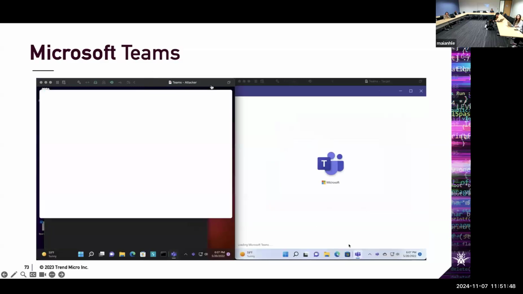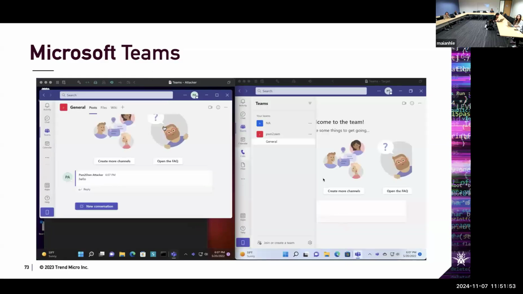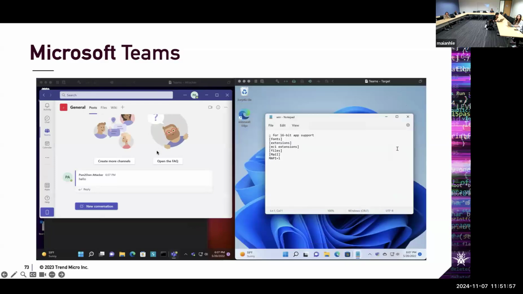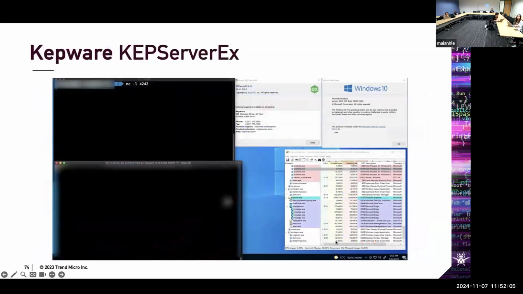So the attacker caused Notepad to be launched on the victim side. I've got more of these examples.